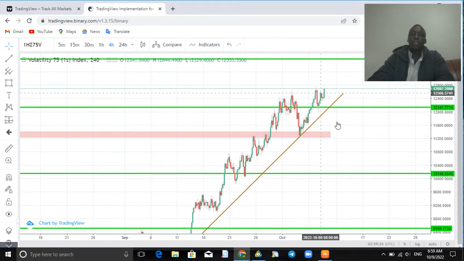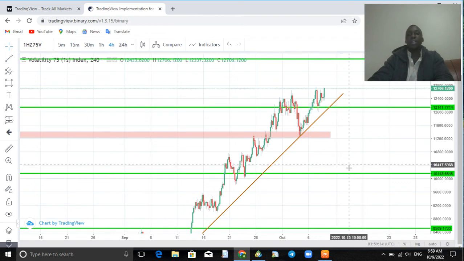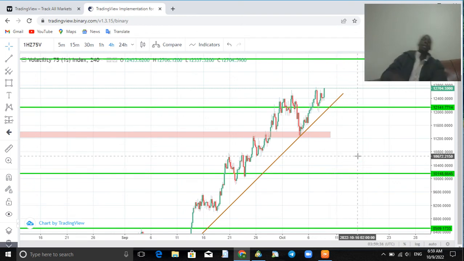Now only if this pair is to go into a downtrend, you must see prices breaking this support trend line of ours. After breaking it, they come back to retest, then you will see prices dropping down to the downside. There we can be with the confirmation that the trend maybe has changed.